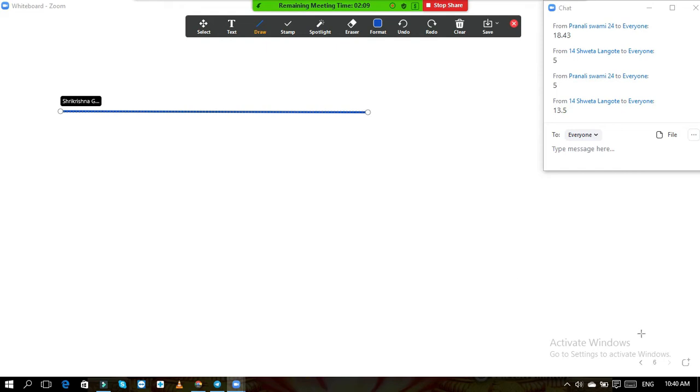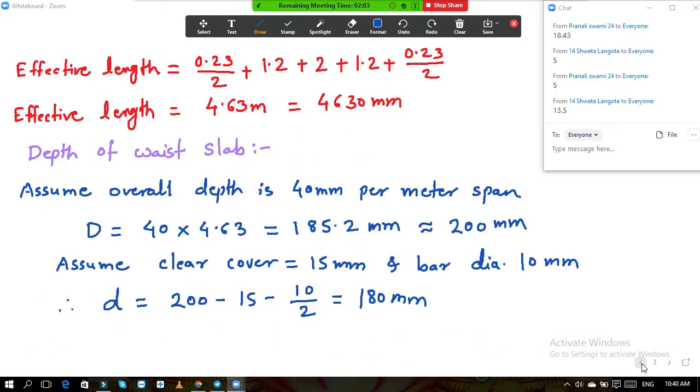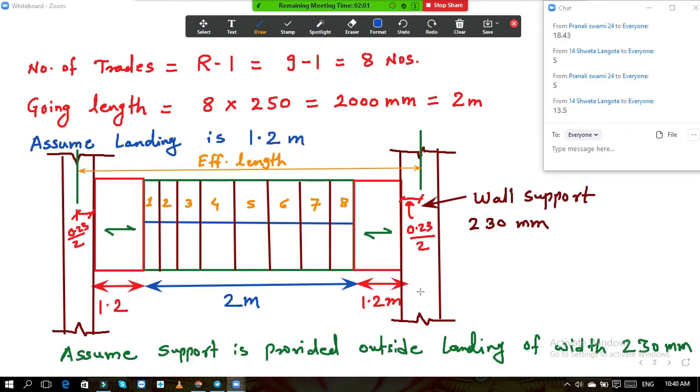While drawing this diagram we need to see this diagram also here. Now see, our supports are there at the center. Support is provided over here. So we will consider the total effective length as the center to center distance between the supports. So that is our total effective length, and this is our total span. And here the going length ends.